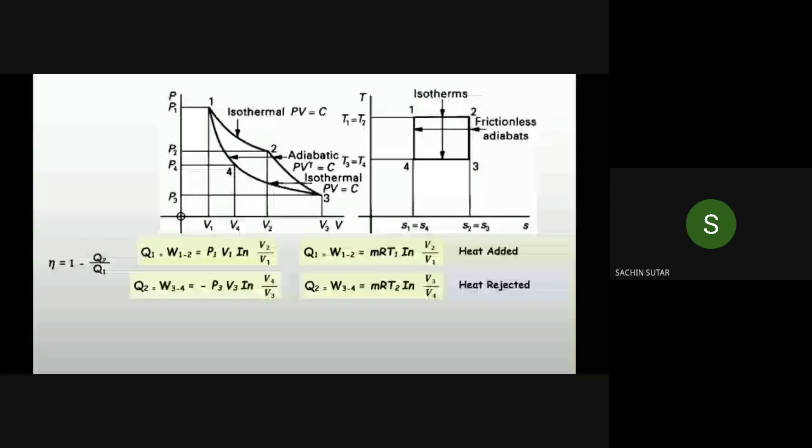Then 2 to 3 is adiabatic expansion, where we get the work done. And for adiabatic expansion, it will follow the law PV raised to gamma equal to constant.